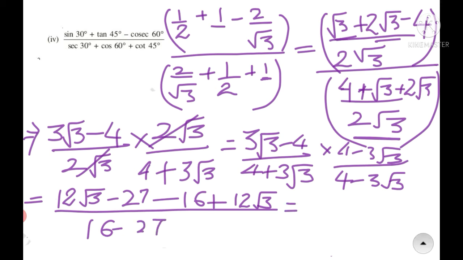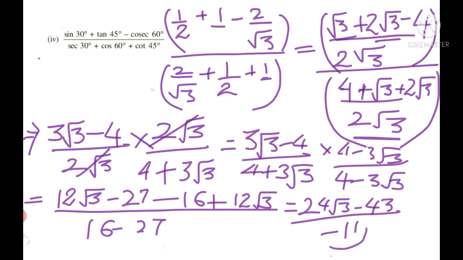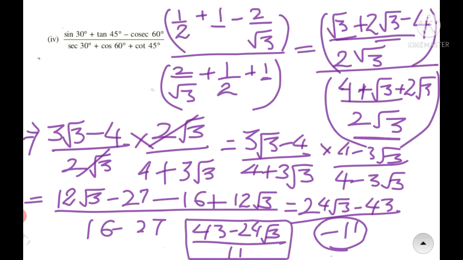So on solving this, I get 24 root 3 minus 43 divided by minus 11. And now to adjust this negative as we have done in the previous part also, my final answer comes out to be, I just negate the numerator, I get 43 minus 24 root 3 divided by 11. So this is going to be my final answer.